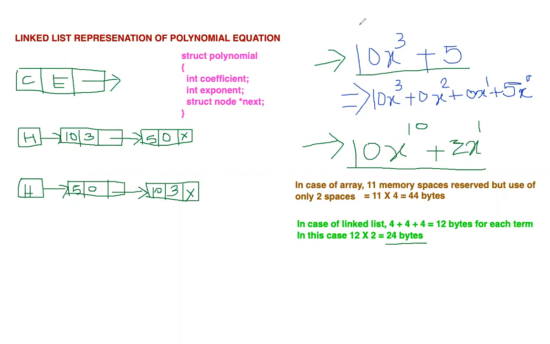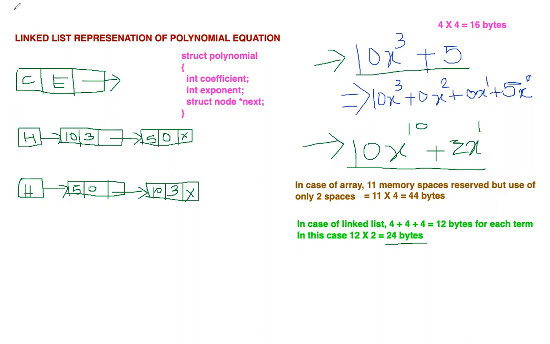Well, if we consider an array here, the total number of bytes reserved will be 4 cross 4 equals 16 bytes. Well, if we consider this term, then it will be 44 bytes.